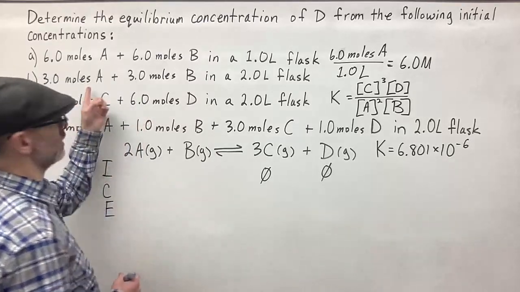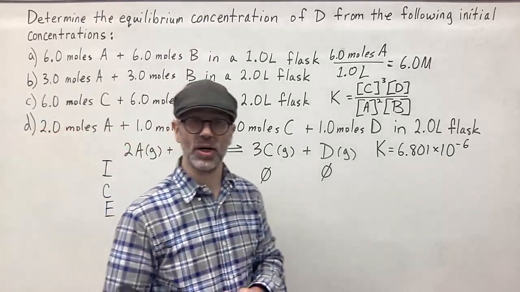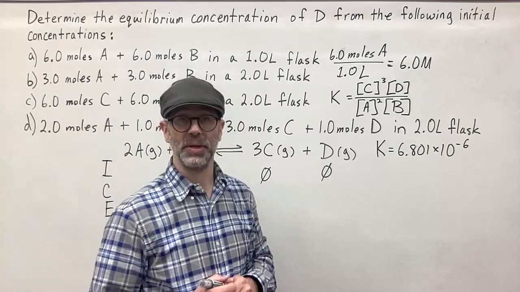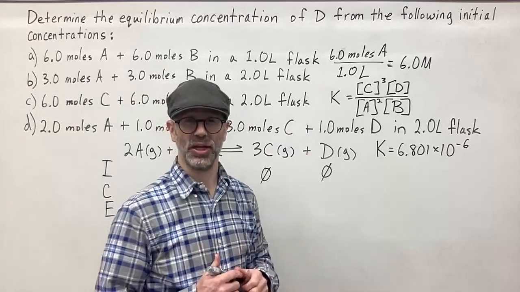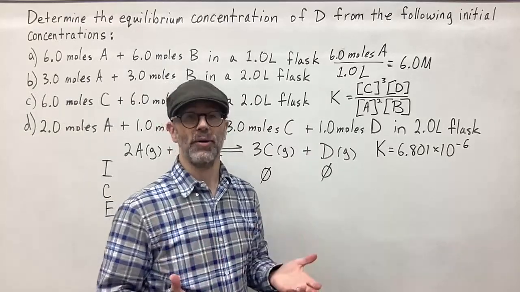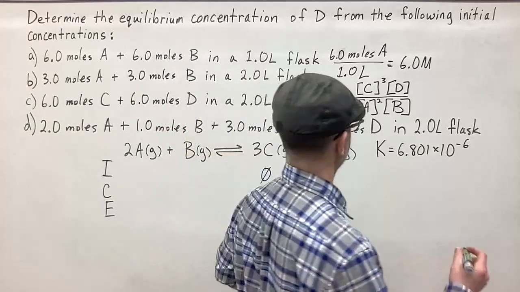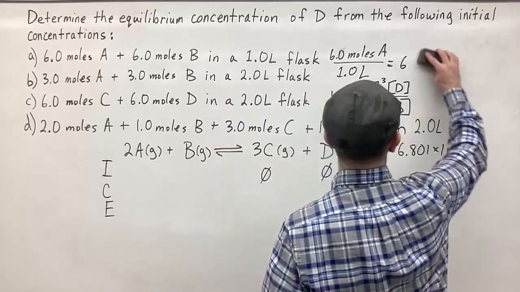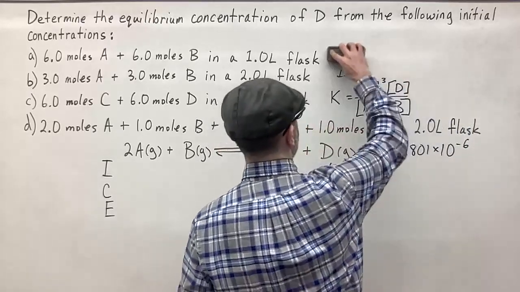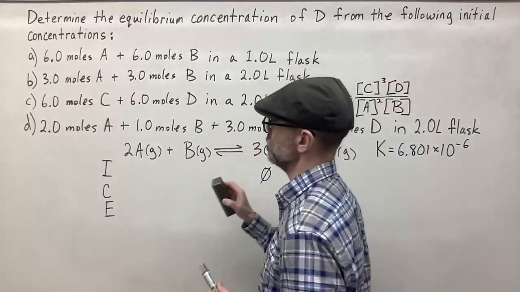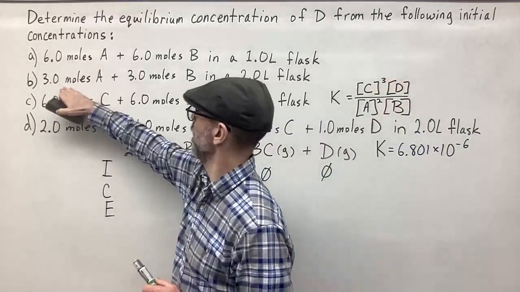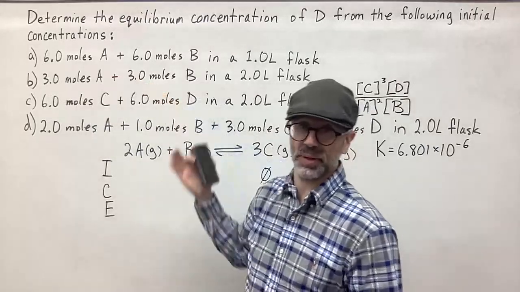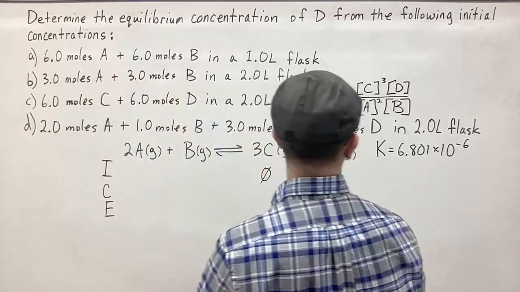But let's calculate the molarity of our A and B, because again, when you do an equilibrium ice table, you have to have concentration. So here, we'll go ahead and erase this. They have the same number of moles again, so the concentration of A and the concentration of B are going to be the same again.